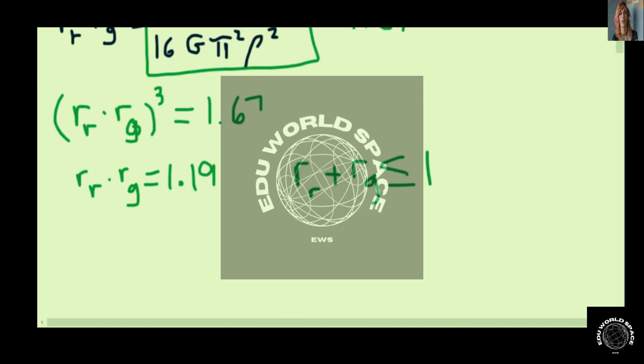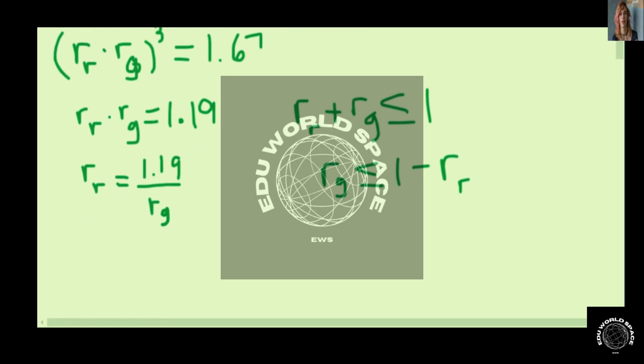Okay. So that means that R g must be less than or equal to 1 minus R red. And R red is 1.19 over R g, right?